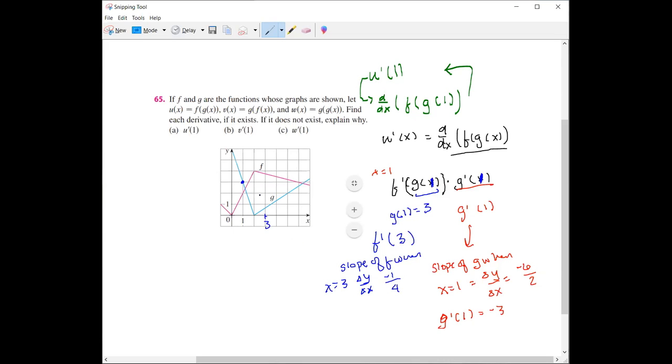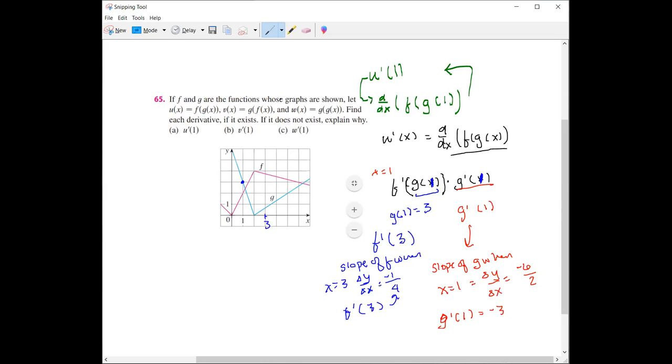Did I count that right? 1, 2, 3, 4. Yep. So it's minus 1 over 4. So that is f prime of 3. And we have g prime of 1.